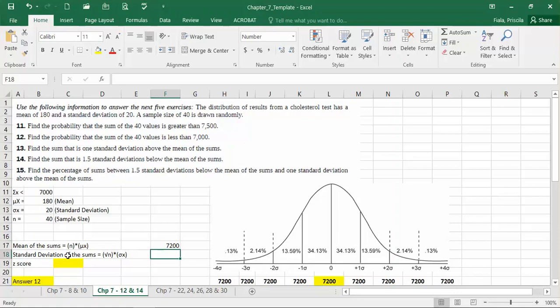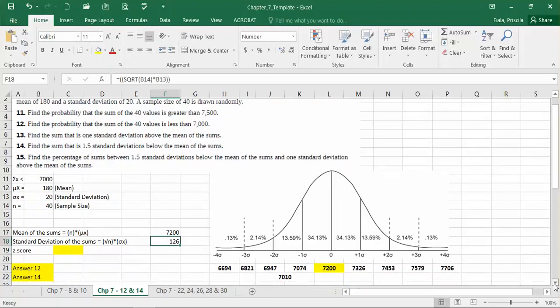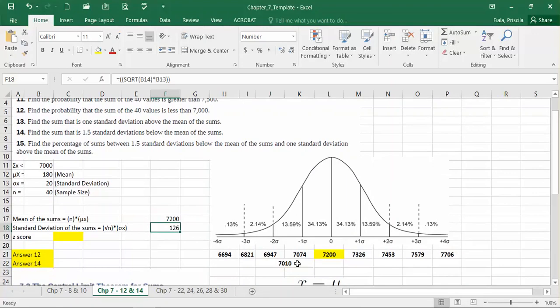So the standard deviation of the sums is going to be the square root of the sample size times my standard deviation. It's 126, and we adjusted it here, including my average over here that we used before.